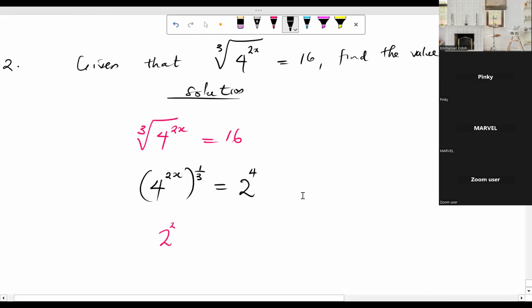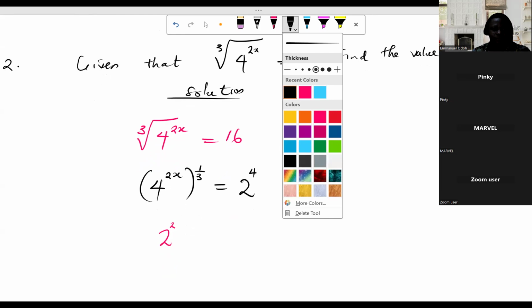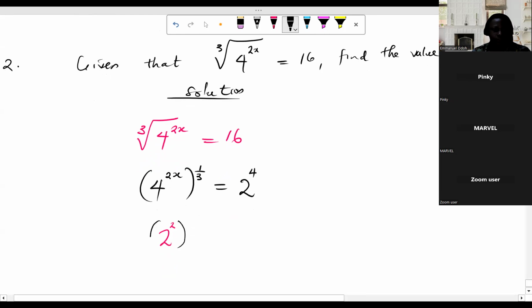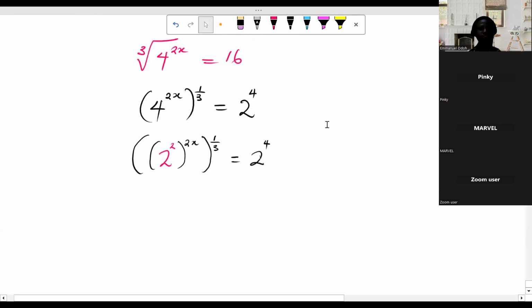Yes, sir. So the red pen there is for 4. That 4 is now 2 squared. But remember, we already have the 2 to the power of x there, and we'll have 1 over 3 there. So now we're going to multiply all the powers together.